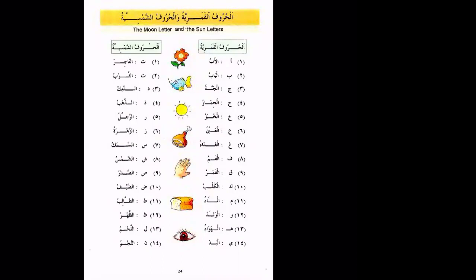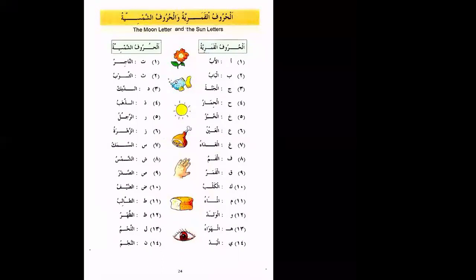What's the difference between huruf al-qamariyya and huruf al-shamsiyya? When they are written by themselves, we wouldn't notice any difference. But when we add al to that word, then there's different pronunciations for both of these.